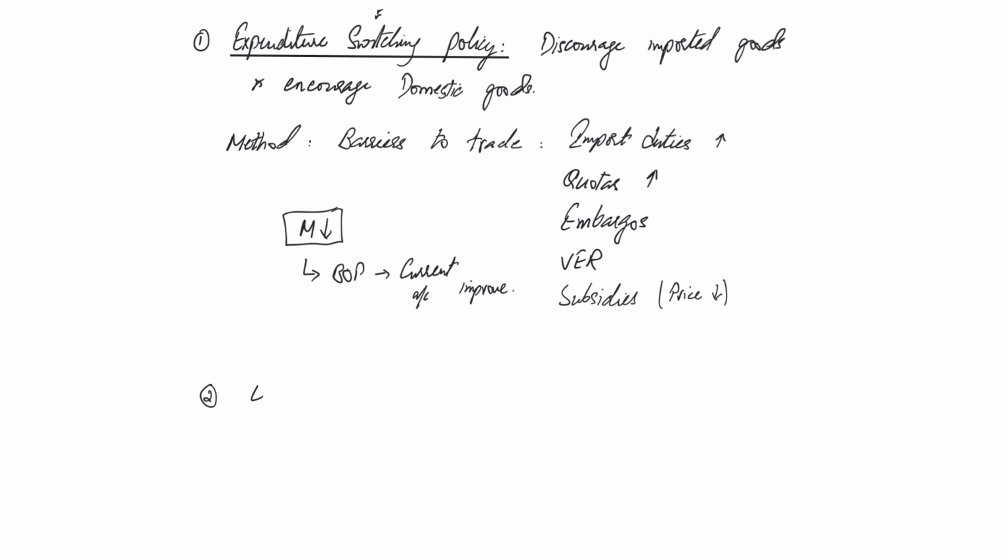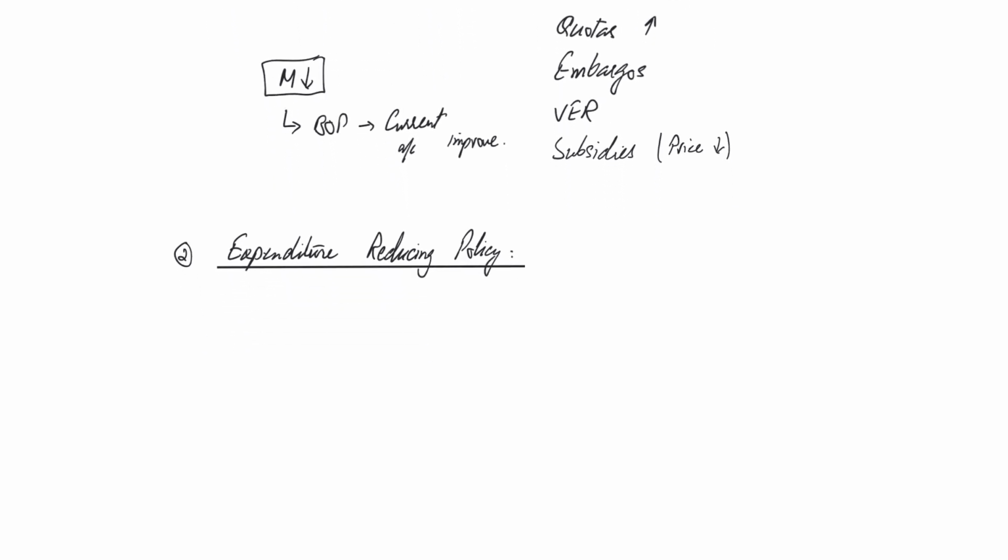Second policy that you have is called expenditure reducing policy. Now this one's a little harsher compared to the previous policy, because expenditure reducing का मतलब है that you want your aggregate demand, which is the same thing as aggregate expenditure, the total expenditure in the economy, you want it to fall.